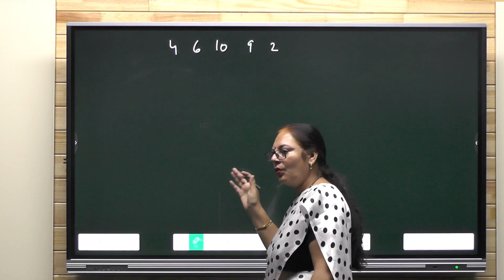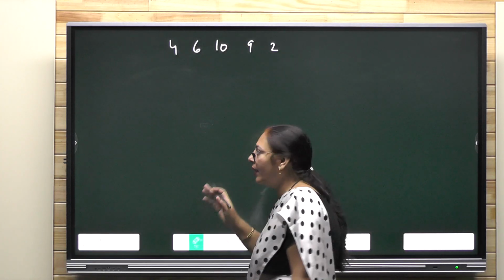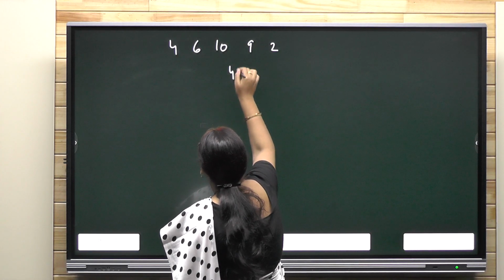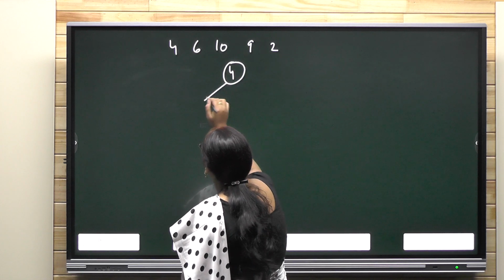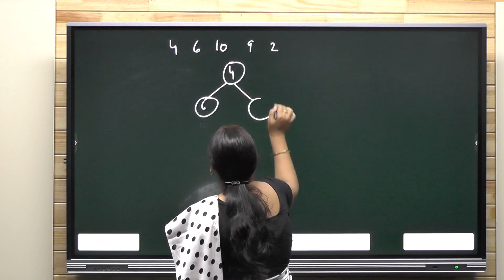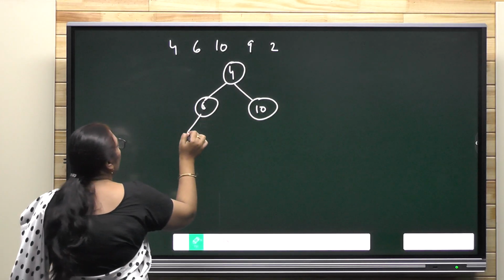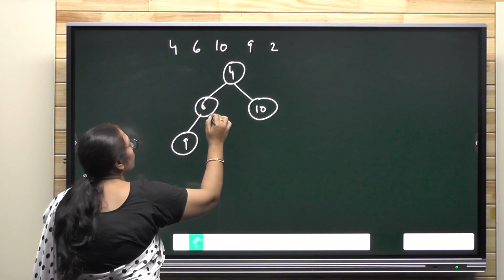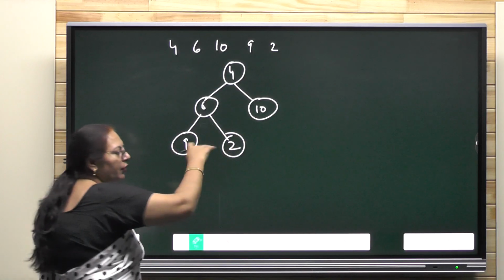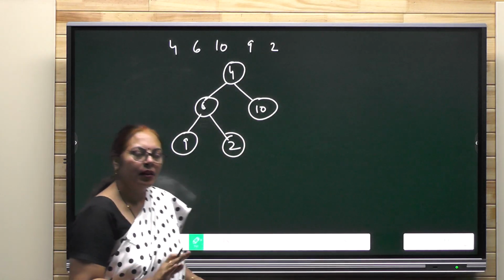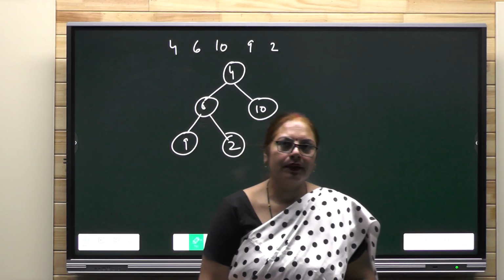So the first node is 4, keep it at the root. Next is 6, keep it to the left, then 10, then 2 finishes. Now next comes 9; 9 will go to the left of 6 and 2 will go to the right of 6. So like that we will make this simple binary tree, a simple heap.